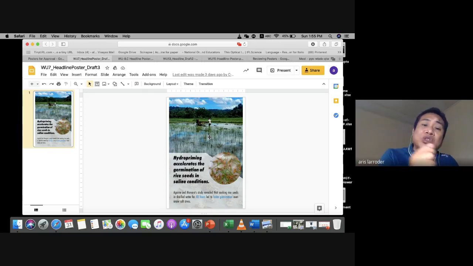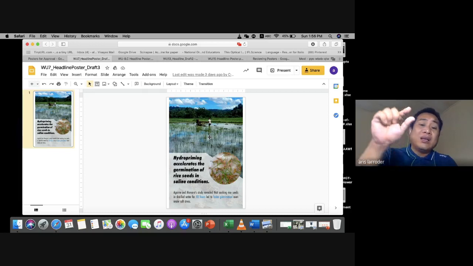I mean, the picture in itself should show the effect over time. And then, what are these conditions? So, probably you can choose one condition and show to them how the technique would accelerate the germination. Like, there must be a time element here, and the picture should show it.